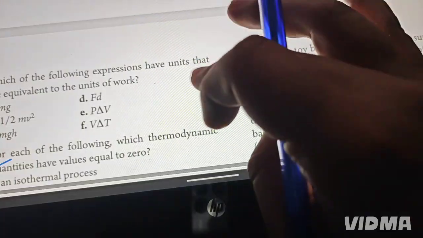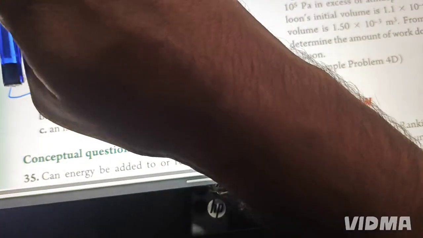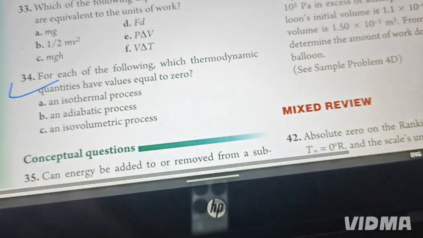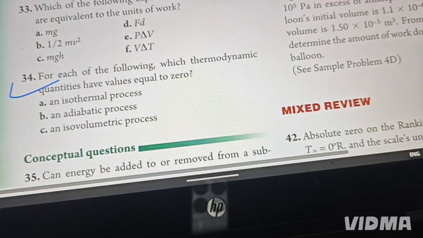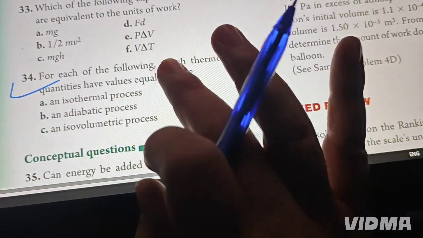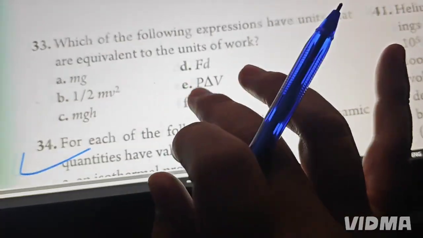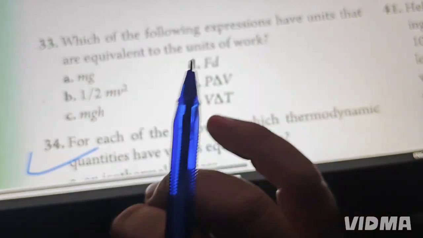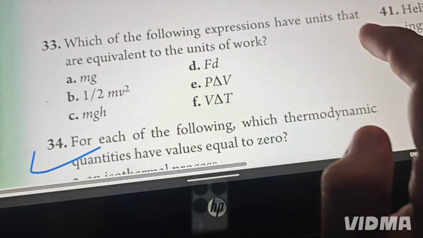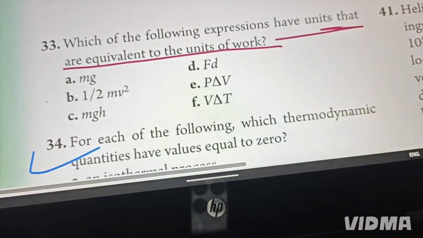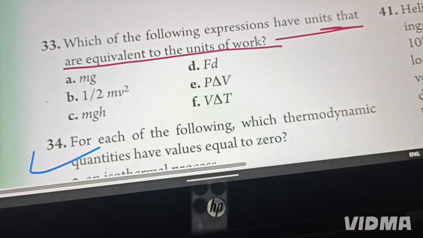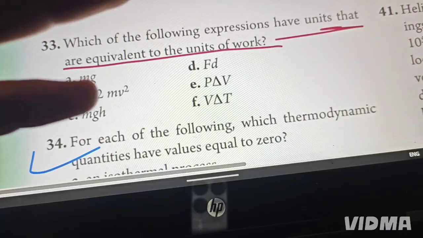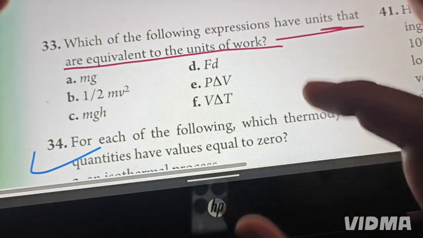Question 33 is so important. Even I told my students, be careful about question 33. Just focus with me. Question 33: which of the following expressions have units that are equivalent to the unit of work?